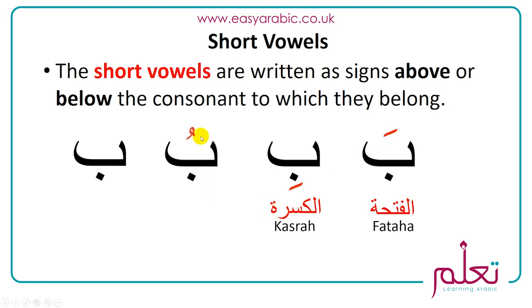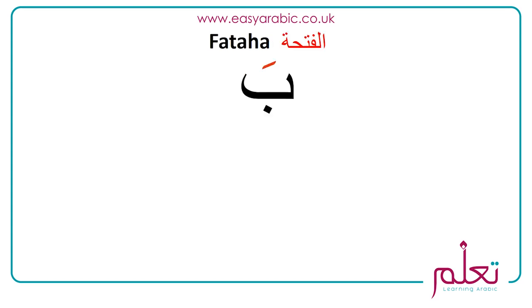Then we have the small waw on top, which is the damma. And finally, we've got the sukun, which is the resting. Now I'll go through each one of these and show you how to pronounce the letters when the vowel is applied, and then we'll do a few examples of each vowel. The first one is fatha.